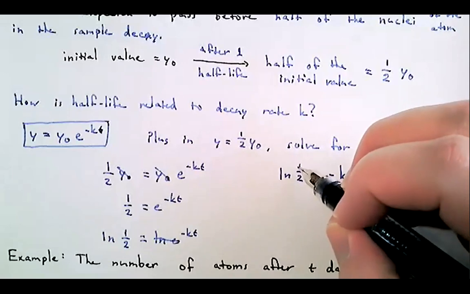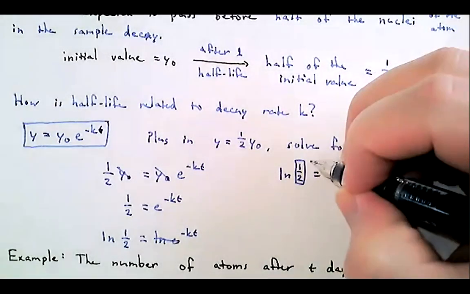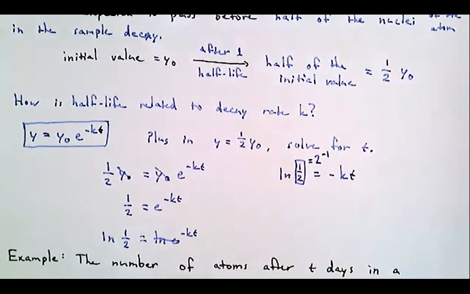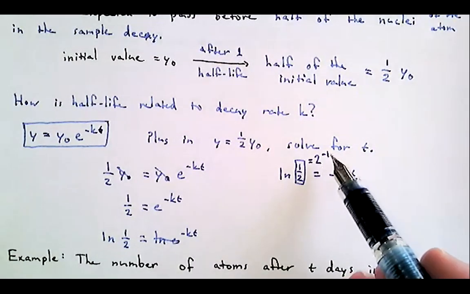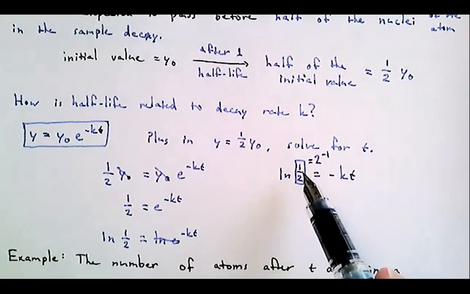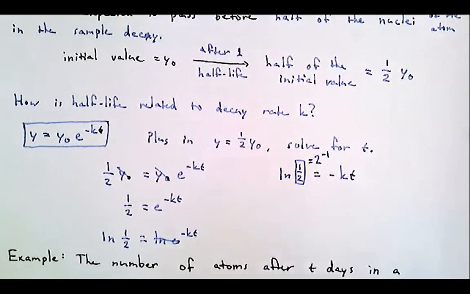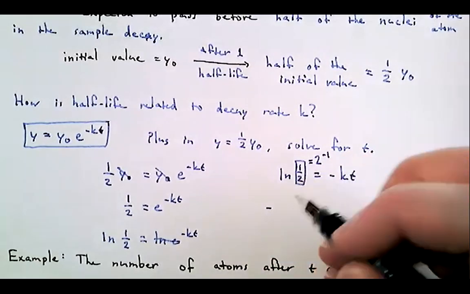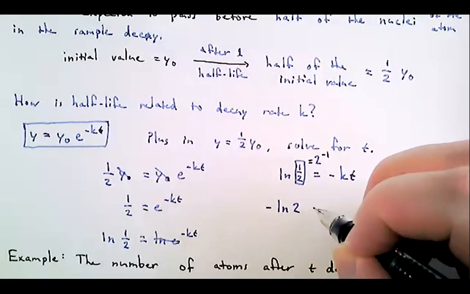So what I mean is 1/2 is really, or at least another way to think about it, is really 2 to the minus 1 power. So remember, the minus 1 tells us to flip the 2 to the bottom of our fraction, to take the reciprocal. And what I want to do is pull this negative exponent out to the front. And what we're left with is minus 1, so we don't have to write the 1. So minus natural log of 2.